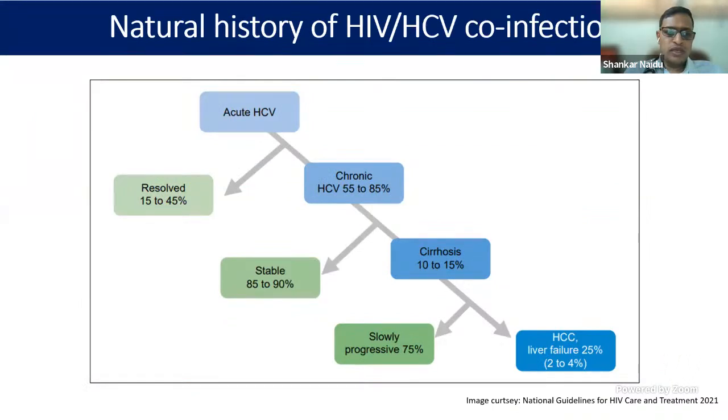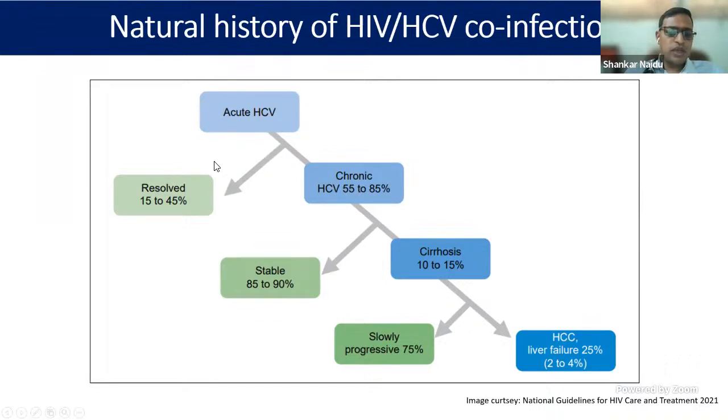So in this diagram, we can see the natural history of hepatitis C infection. As compared to hepatitis B infection, many patients who are acutely infected with hepatitis C go on to develop chronic hepatitis C infection.